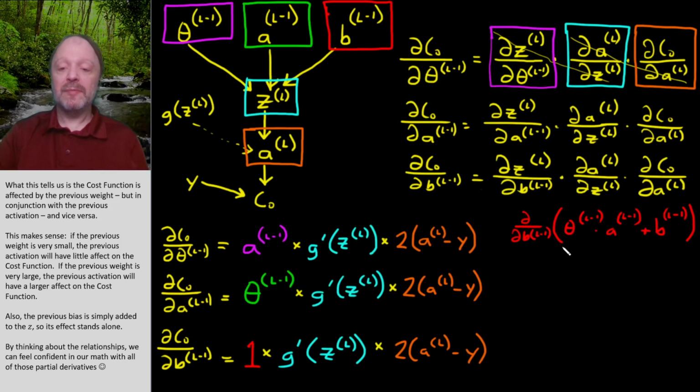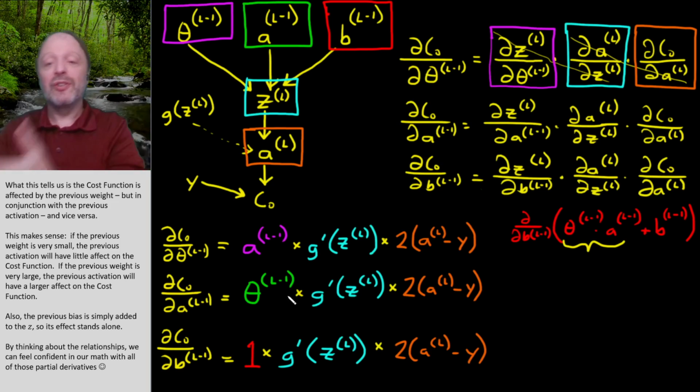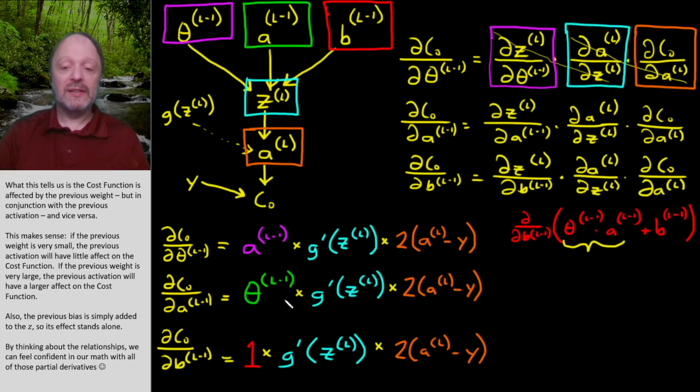That makes perfect sense because right here, if we think about it, these two are multiplied together to give me the z. If I have an extremely small previous weight, no matter what my activation is, it's not going to affect things very much. And vice versa, if it's really large, it's going to have a large effect no matter what my activation is.